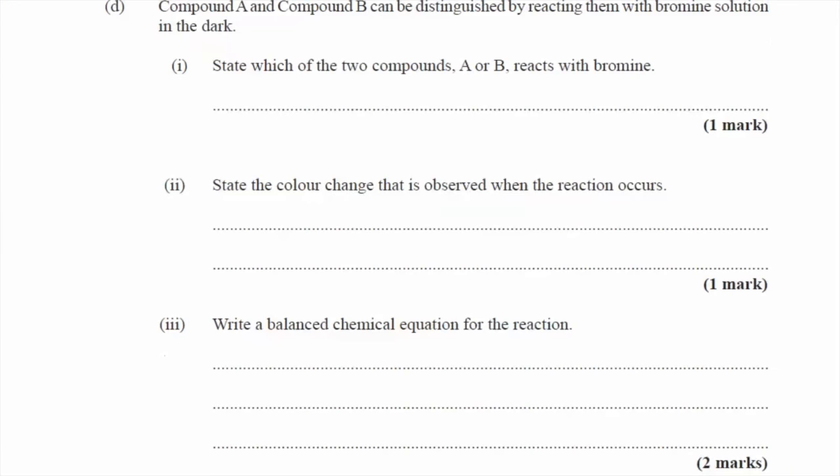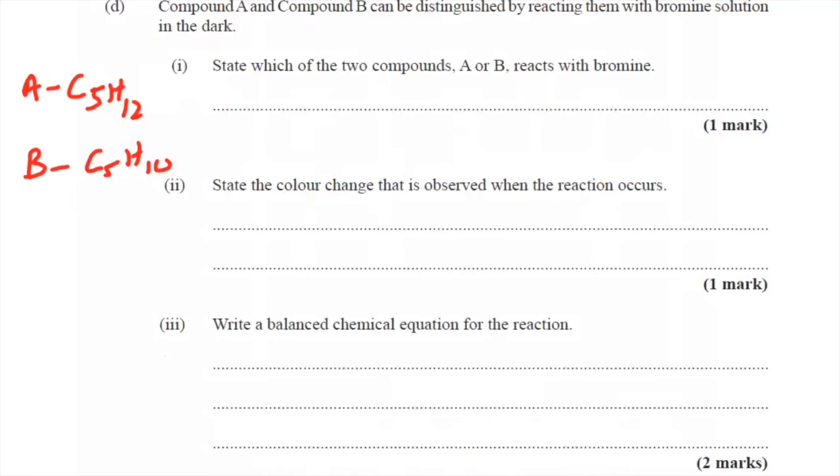Part D, last 4 marks. So we've gone 11 so far. Compound A and B can be distinguished by reacting them with bromine solution in the dark. Part 1, state which of the 2 compounds, A or B, reacts with bromine. So just a reminder, compound A is C5H12 and B is C5H10.